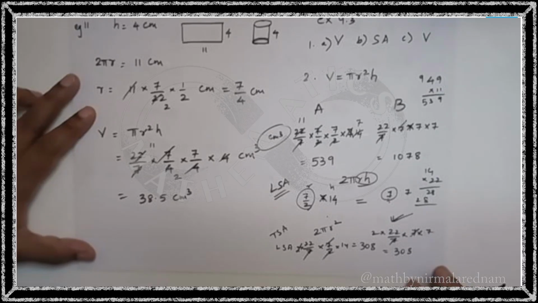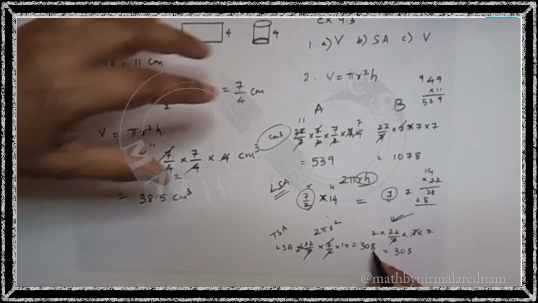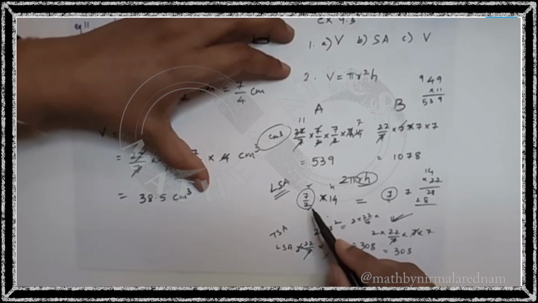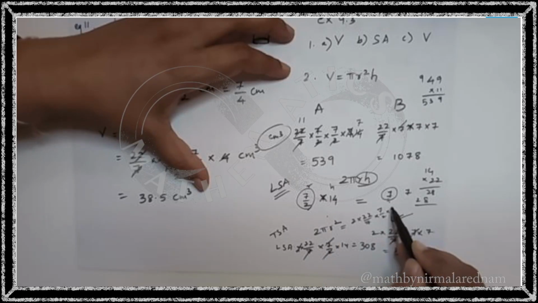Now let's look at the total surface area. You simply have to add 2 pi r square to this, right? So what is 2 pi r square here? 2 into 22 by 7 into, your r is 7 by 2, right? So you will see that you have 77 here that gets added.